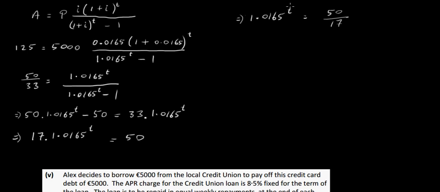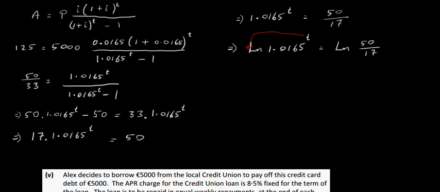Right, now we've got a variable as our power here, so I'm going to take the log of both sides. I'm going to use the natural log of 1.0165 to the power of t equals log of 50 over 17. Now again, using one of the laws of logs, I'm going to take this t here and bring it down.